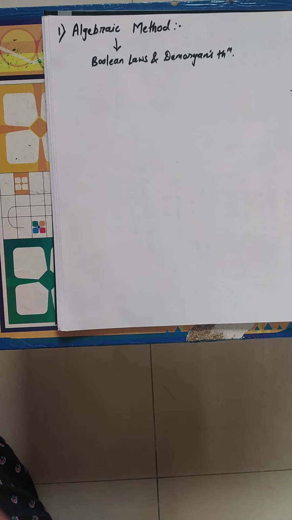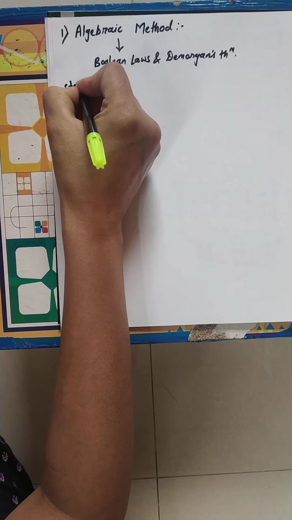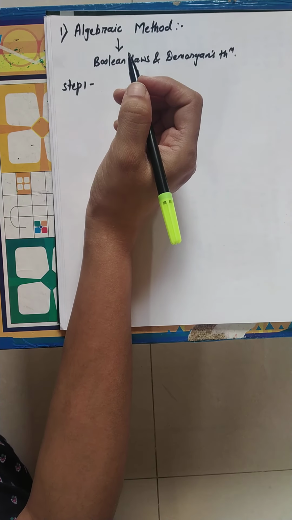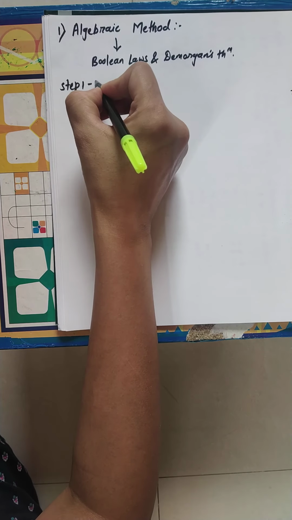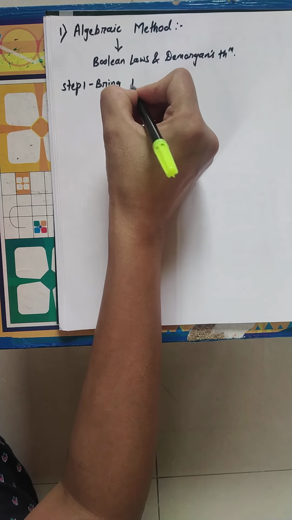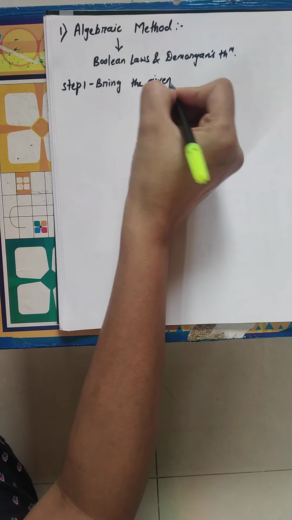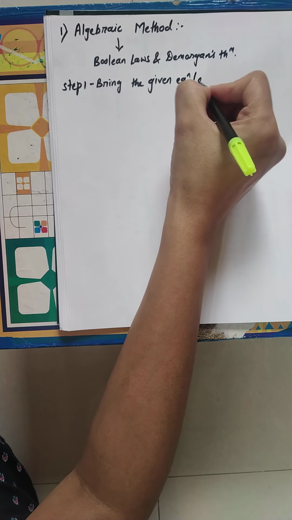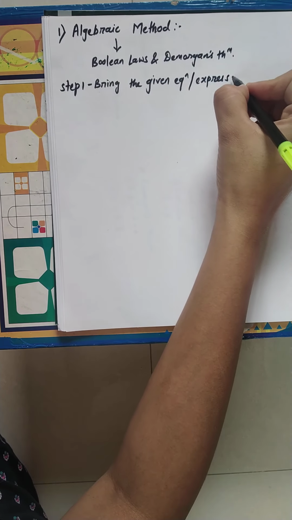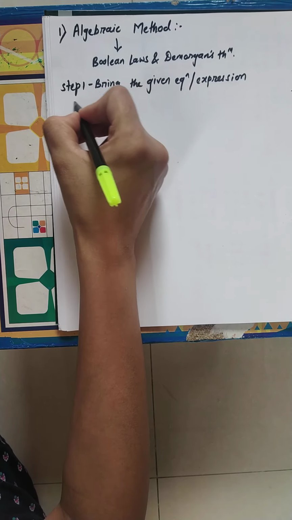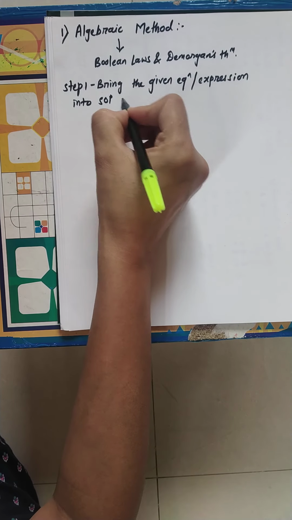So for example, if I want to convert any equation into a simplified form by using the algebraic method, we have to follow steps. Step 1: the equation may be in any form, so first of all we have to bring the given equation or expression into SOP form.